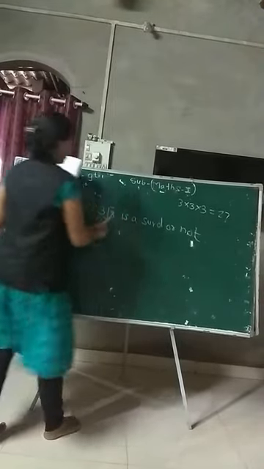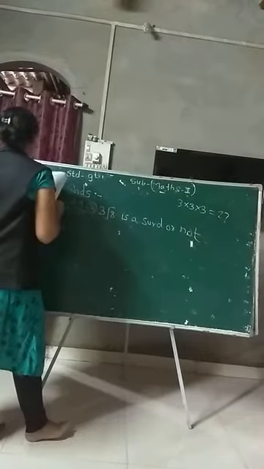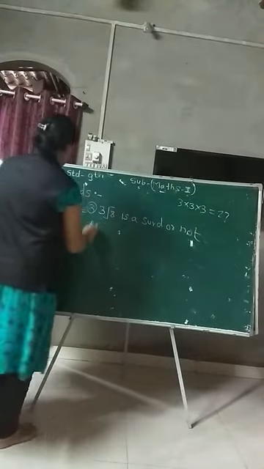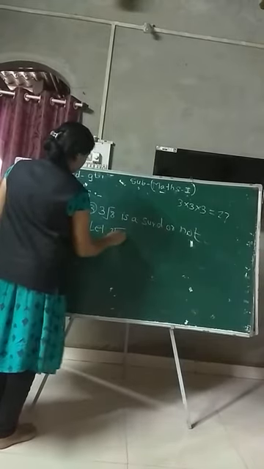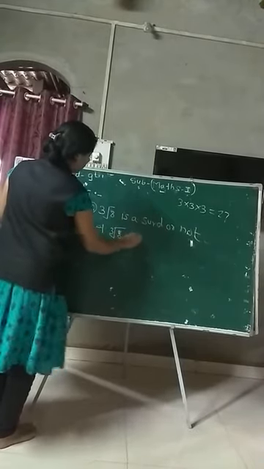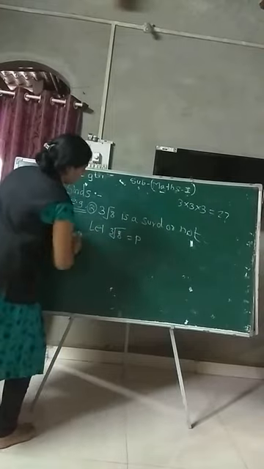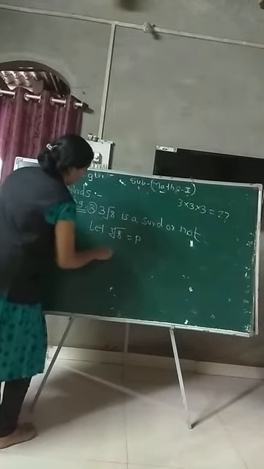Here value of a is 8 and value of n is 3. Let's consider cube root of a is equal to p, taking cube on both sides.